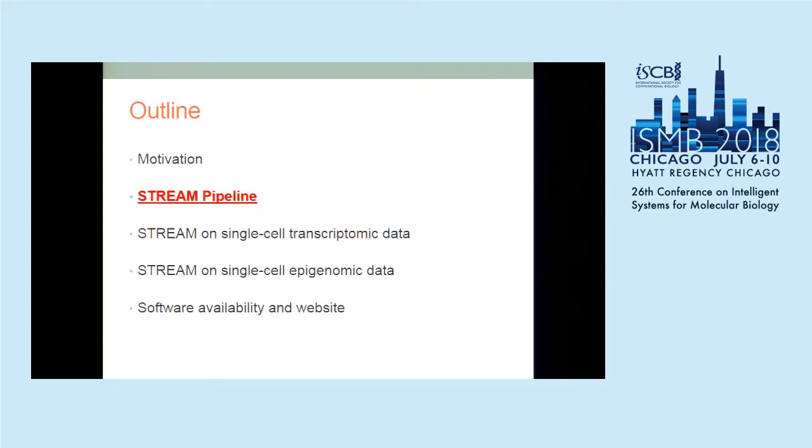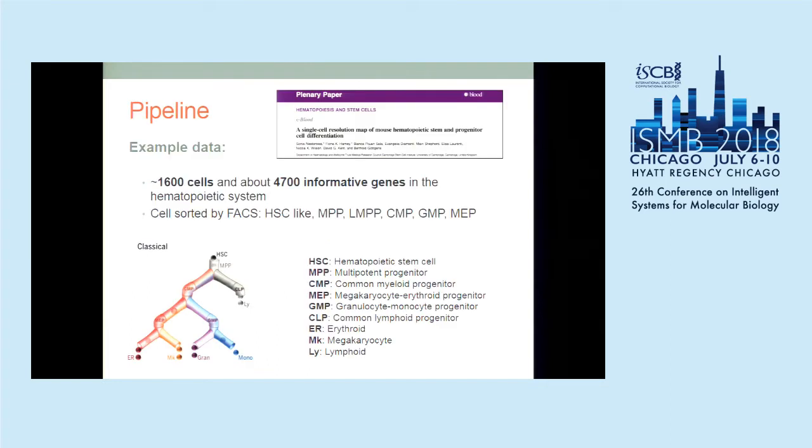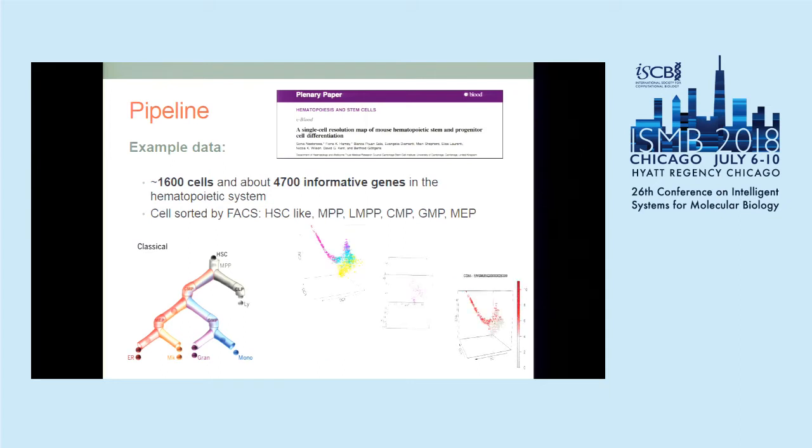So here we propose our method STREAM. I will use this example data set to illustrate our pipeline. The figure on the left shows the classical hierarchy of blood development. In the original study, there are different ways to visualize cells. The cells can be colored by cell types, or a specific subgroup of cells can be highlighted, and they can be colored using gene expression.